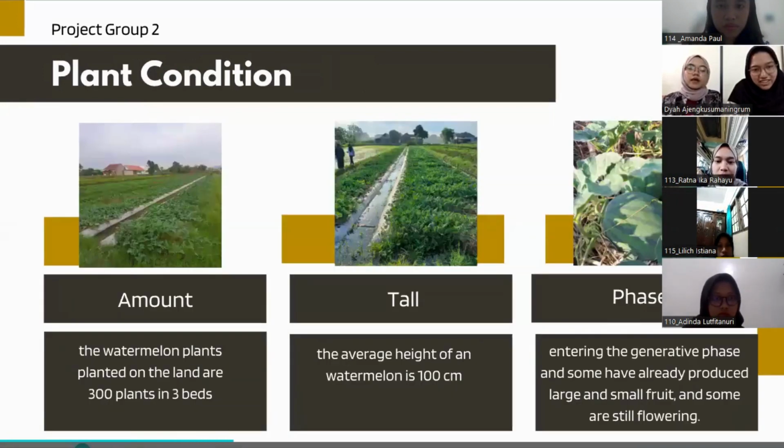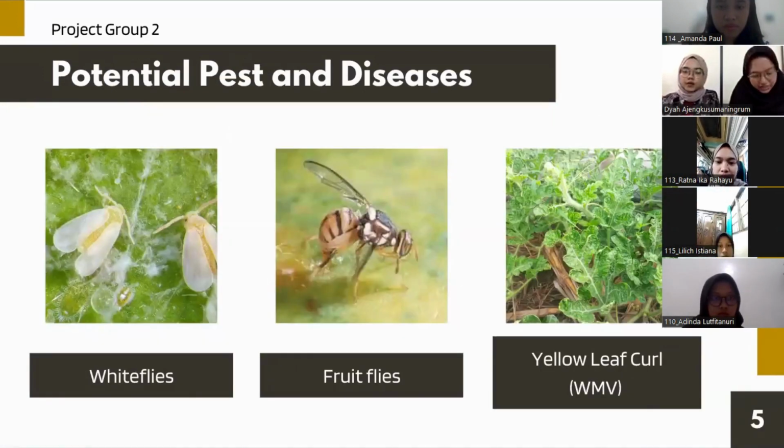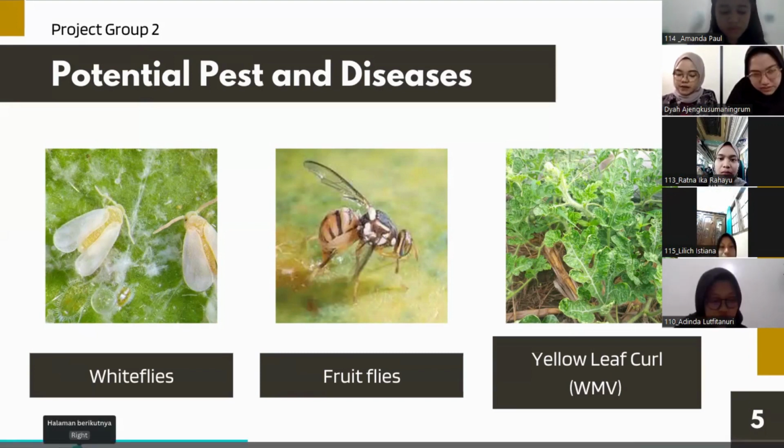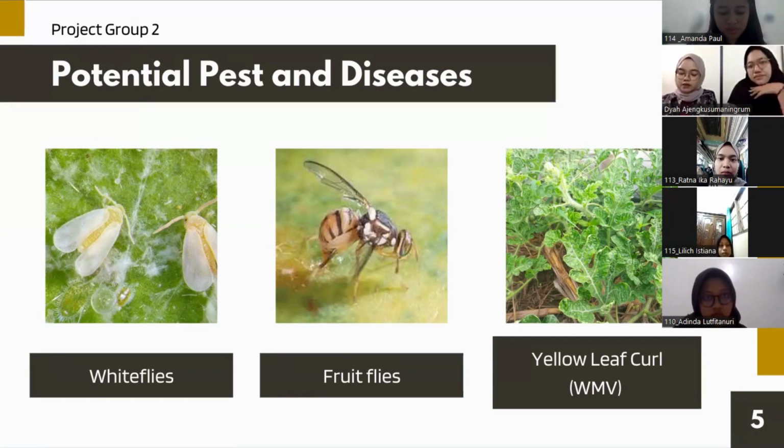Okay, and then the yellow leaf virus, Watermelon mosaic virus or WMV, is a member of the Potyvirus genus. WMV particles are flexuous rods which have a single strand of RNA, and it is spread in a non-persistent manner by whiteflies.